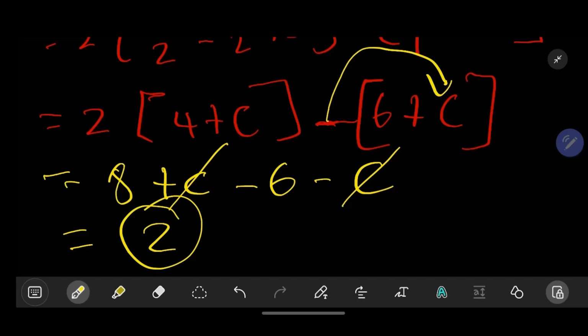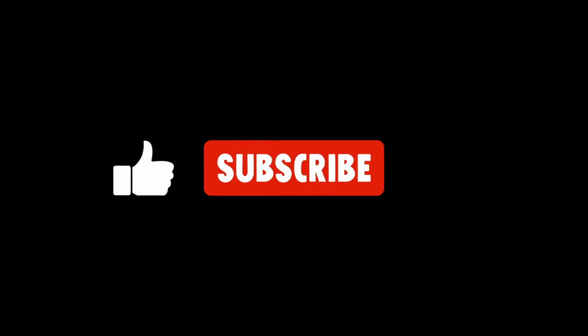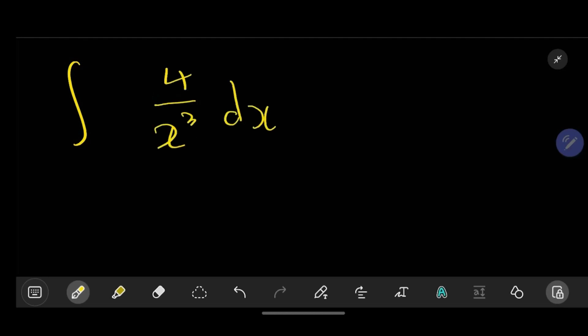Okay, so let's look at another example. Let's say we need to find the integral of 4 over x cubed dx, where the lower limit is -3 and the upper limit is 2.